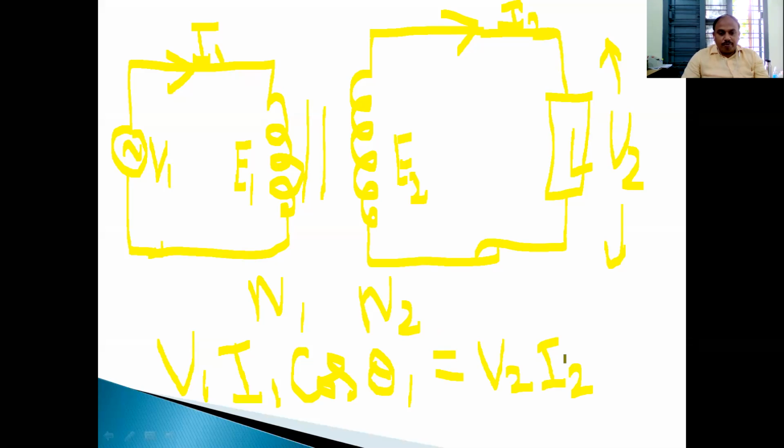In DC circuits, power means voltage times current. But in AC circuits, power means voltage, current, and the cosine of the phase angle difference between the voltage and current. So if you neglect the losses, input power equals output power: V1 I1 cos theta 1 equals V2 I2 cos theta 2.